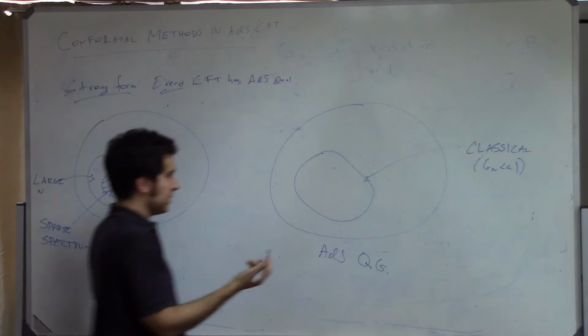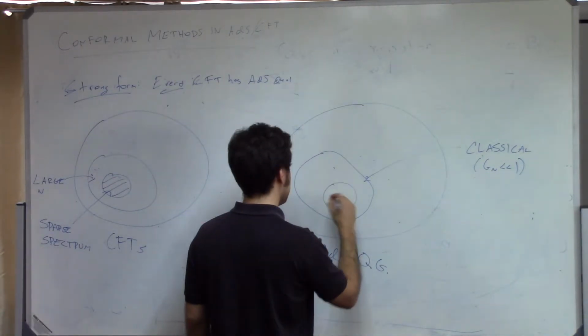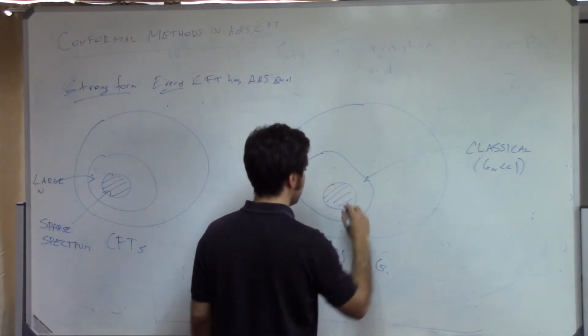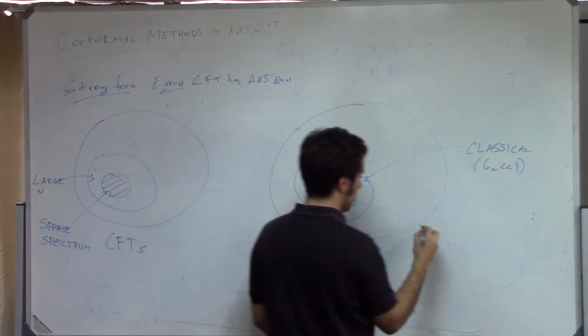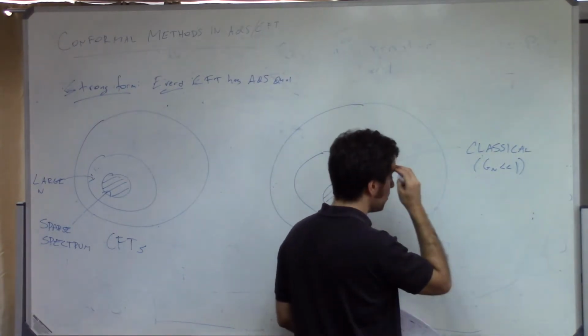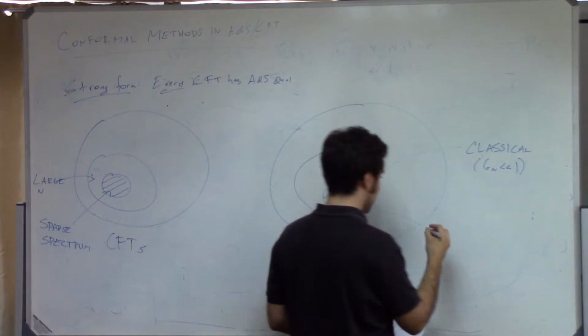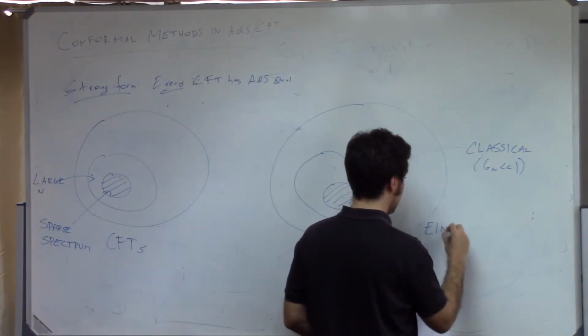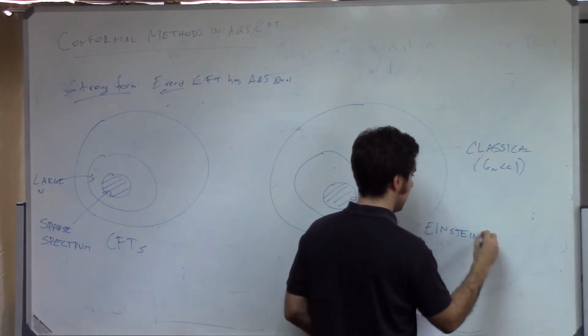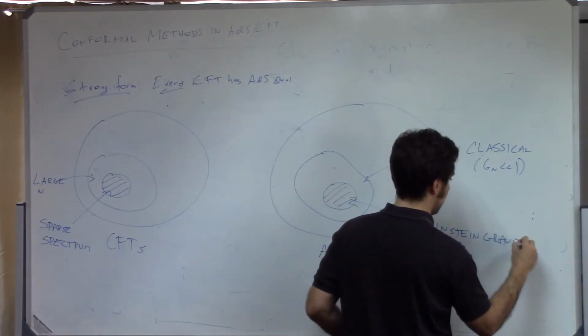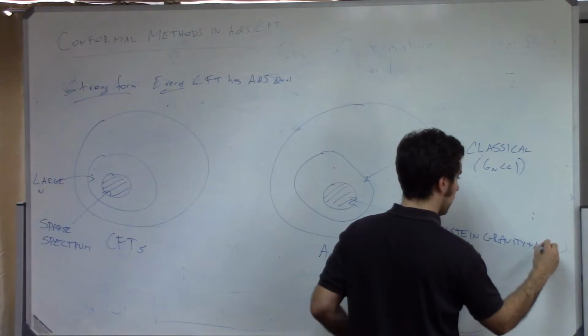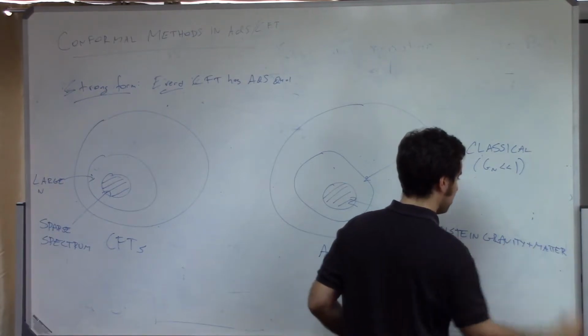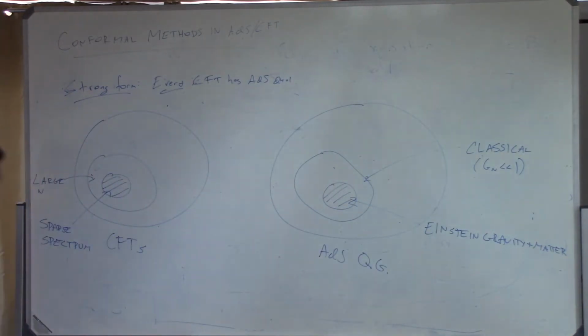So what would this look like? This would look like some classical theory of gravity in AdS that is not just weakly coupled or classical, but looks something like Einstein gravity, coupled to some order 1 amount of matter. We have not been terribly precise about what exactly this region means or what sparse means.